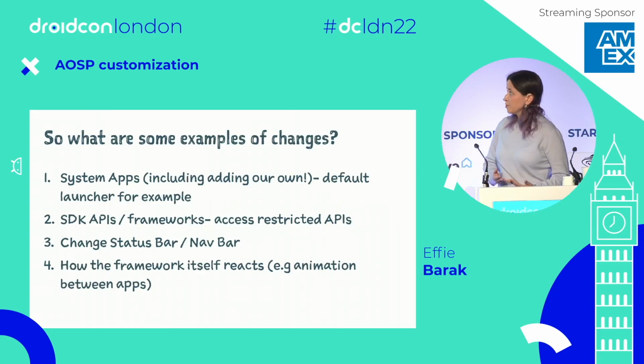Some examples of changes that we can make: we can change the system apps, or add our own system apps. We can completely switch the launcher and change it into a different launcher.